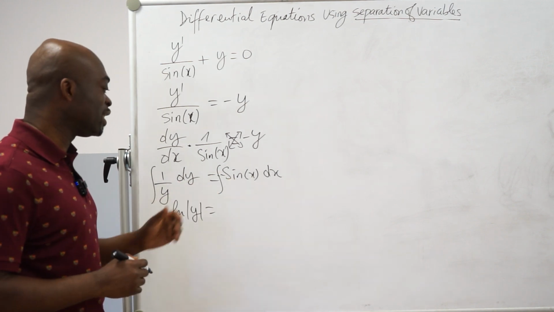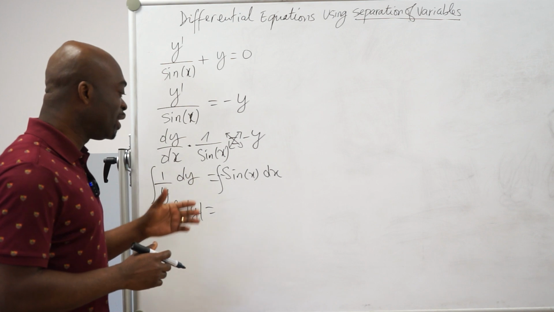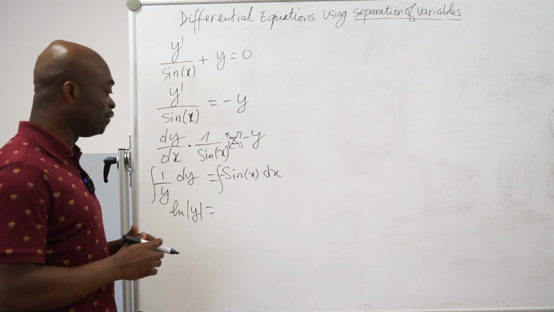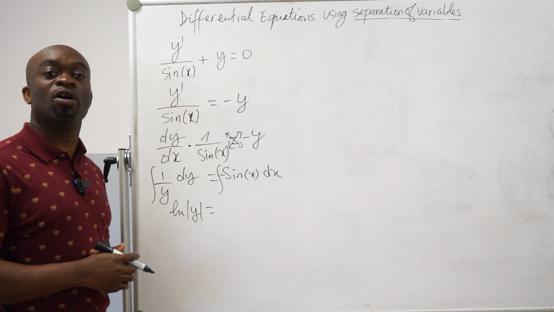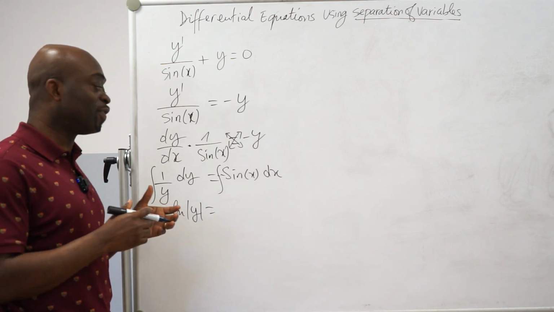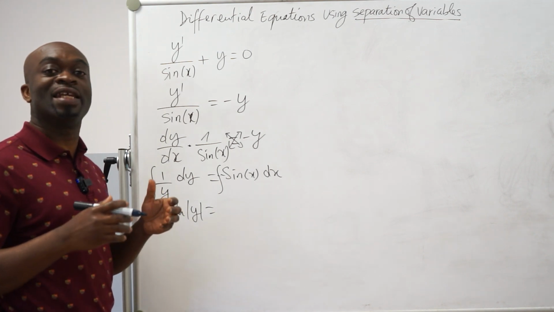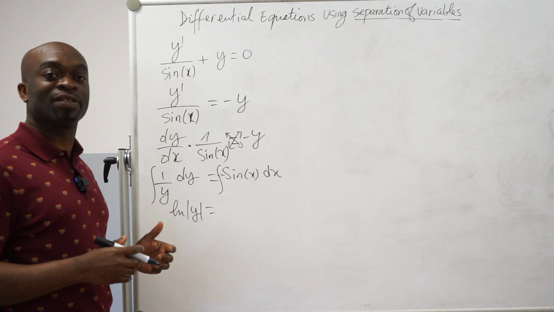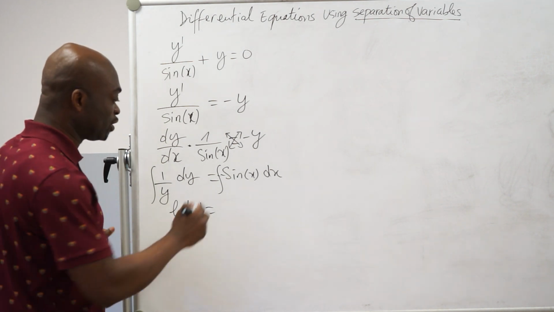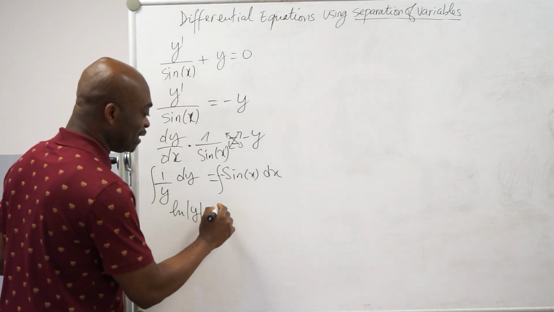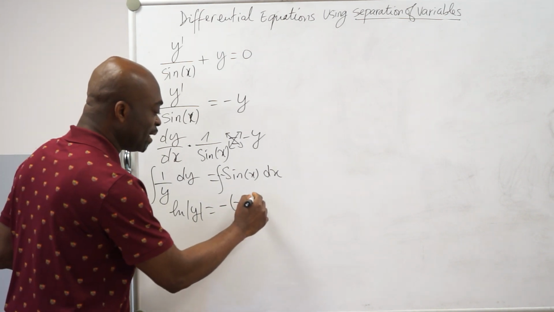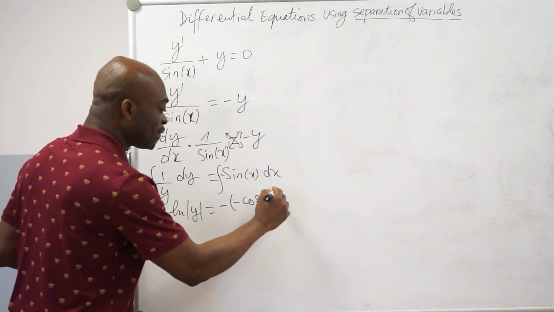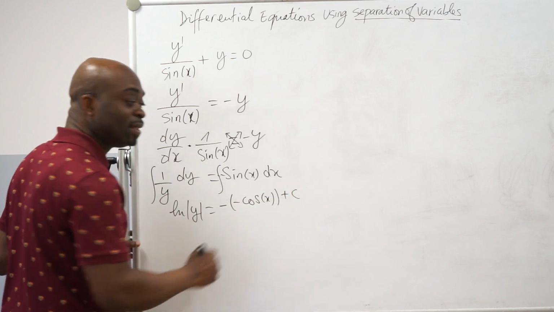Once we get to this part, we also need to find the integral of negative sine of x. What is the integral of sine x? The integral of sine x is going to give us negative cosine x, okay? So when you have minus, because there's a minus sign already, and then minus cosine of x, and let's not forget plus c, all right?